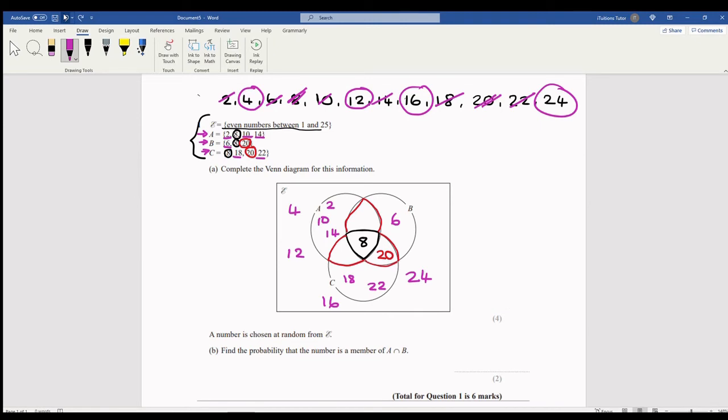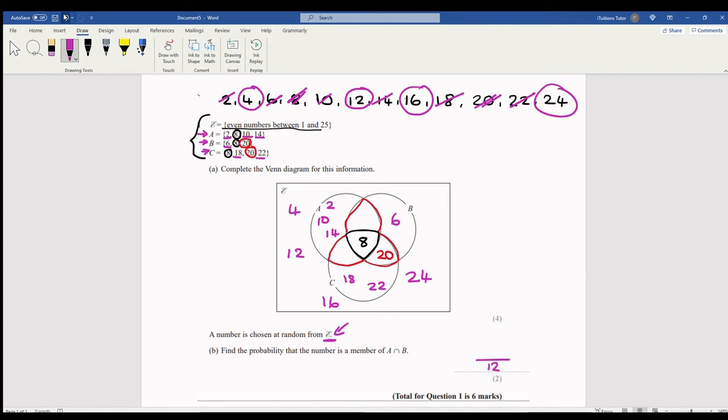Let's have a look at part B of this question. A number is chosen at random from the universal set. Find the probability that the number is a member of A and B. We have 12 even numbers between 1 and 25. So we know it's going to be out of 12 because the number is chosen at random from the universal set.